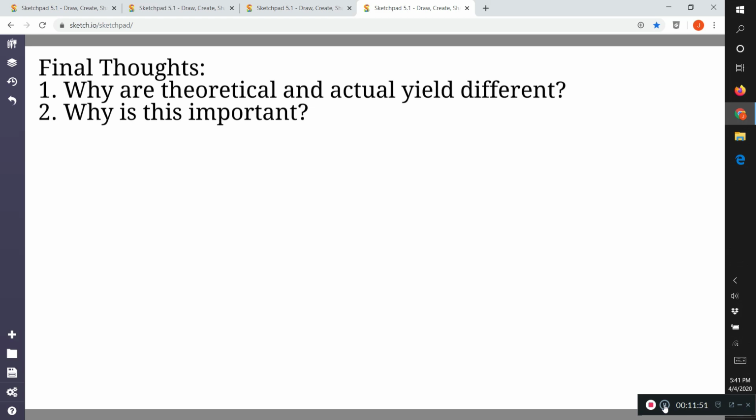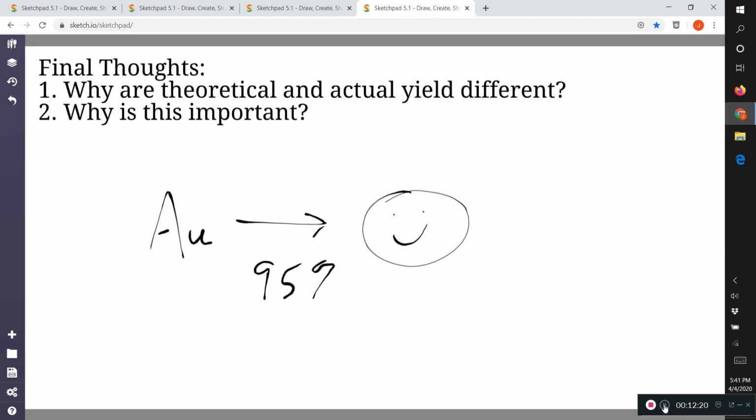So why is this important? This is important because in practical chemistry, the percent yield affects the cost of the materials. So if we have raw goods, right? Let's just use gold because it's an expensive example. And we're turning the gold into another thing, whatever that thing is. If we have a process that's 95% efficient, then 95% of the gold we buy to make that material actually turns into that material.